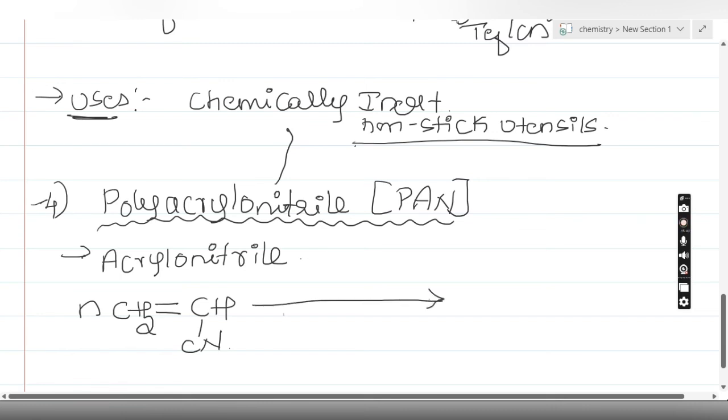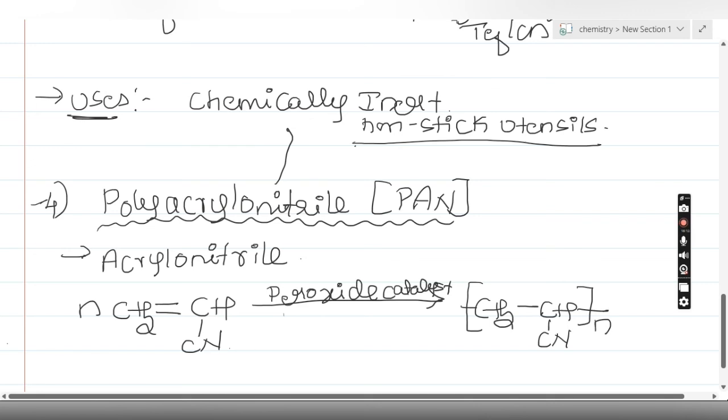This is polymerized in the presence of a peroxide catalyst, and this polymerization reaction is carried out under high pressure. As you know, to write the product, it becomes CH2, the double bond becomes a single bond, CH, and down below you have CN as usual, and the chain continues on the left and right sides and becomes n molecules.